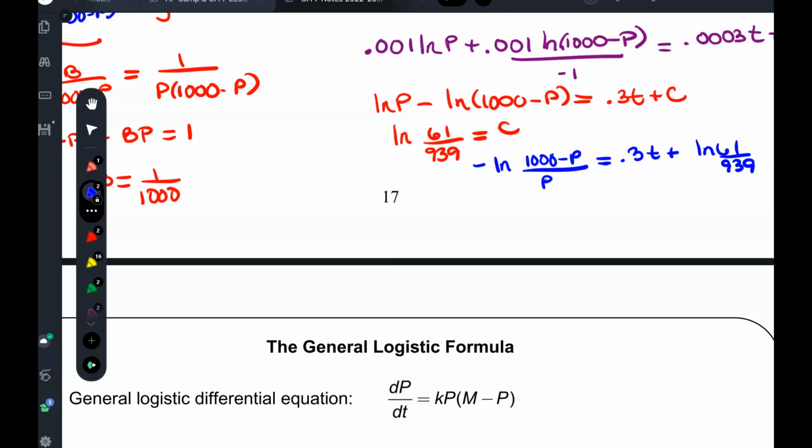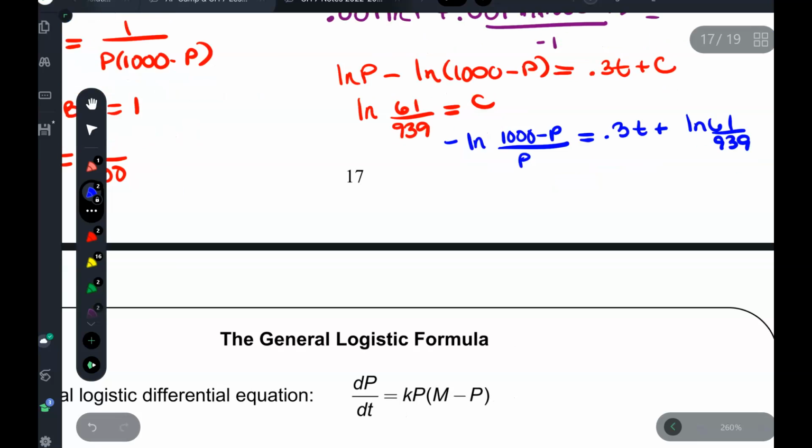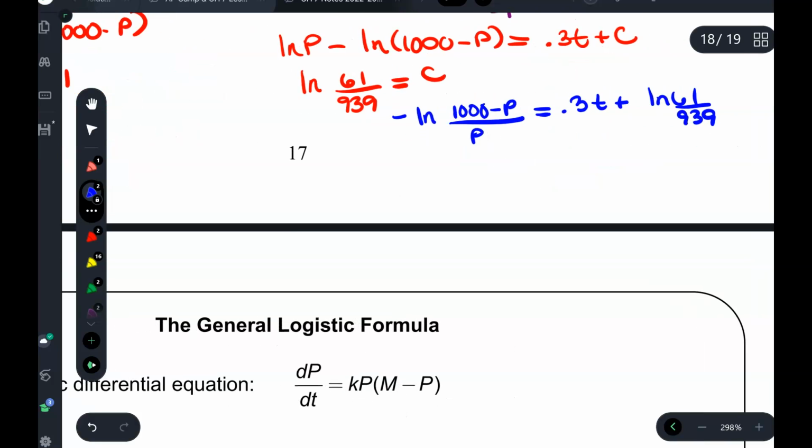Right, and I'm trying to isolate p. So now I can move the negative over here, and then I can do e to both sides. So I will just show you the result to save us all some time. I can show you next class if you want to see how I got these exact numbers.